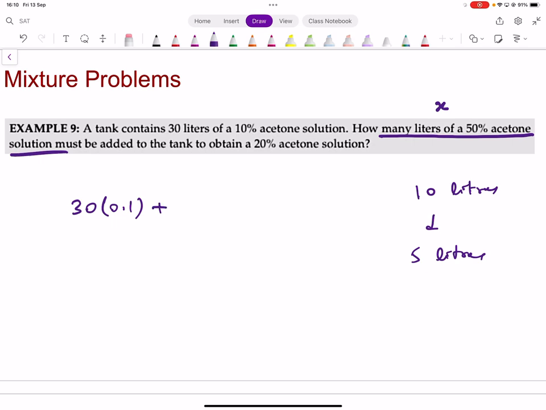What's the amount of acetone that we have in the other solution? 0.5 times X. X into 0.5. This is the amount of acetone that we have in the other solution. Is that okay? Any problem with this?